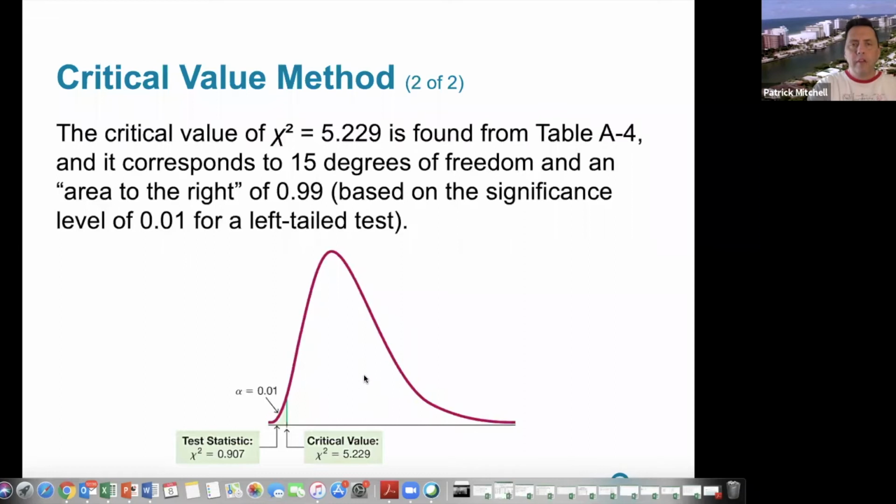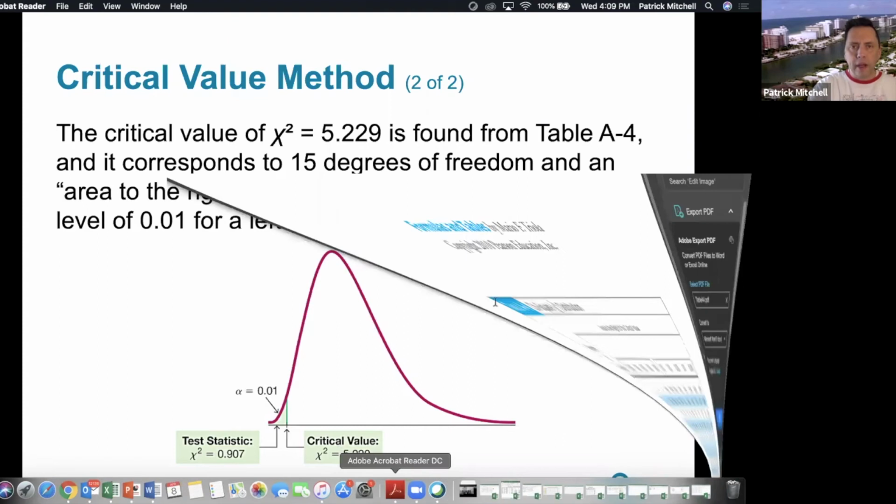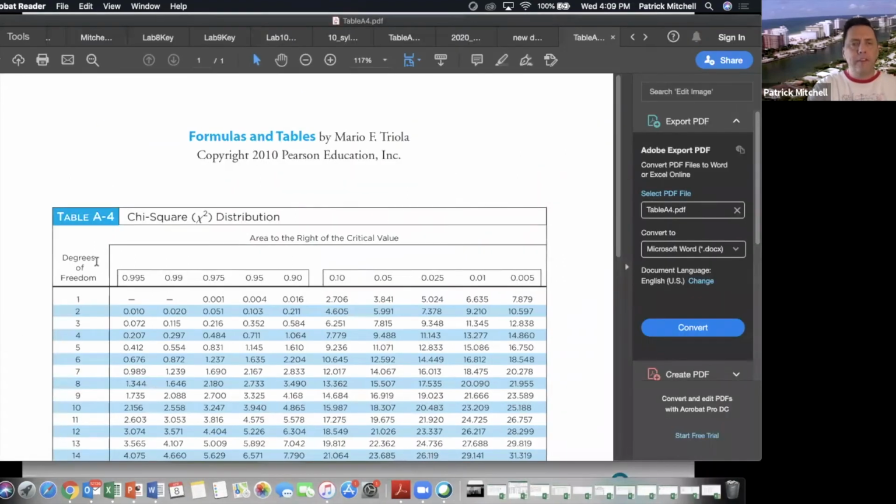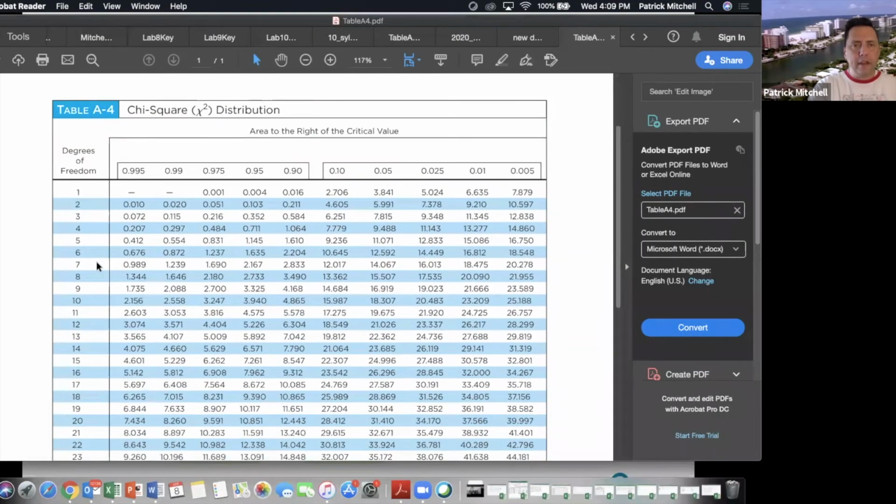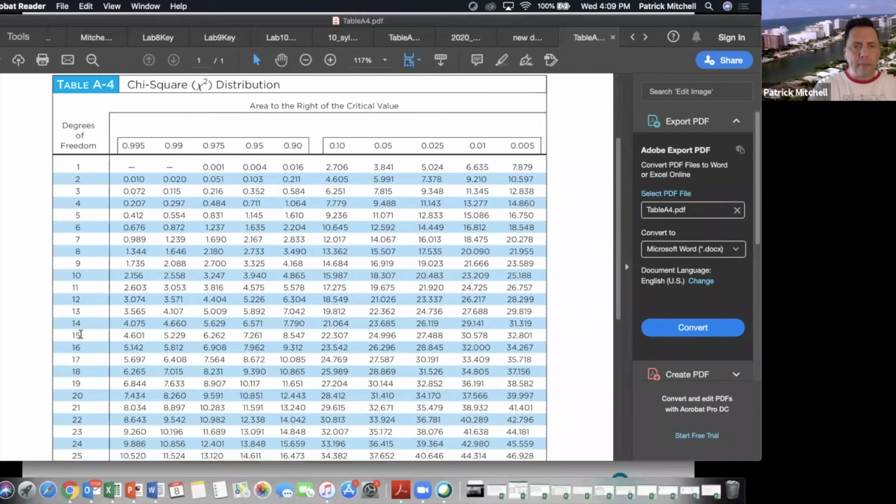Okay, so let me show you how they came up with this critical value. It is found from table A4, which is right here. So if you go down to 15 degrees of freedom, because the sample size is 16, and then we want to pick the correct column for area to the right of the critical value.